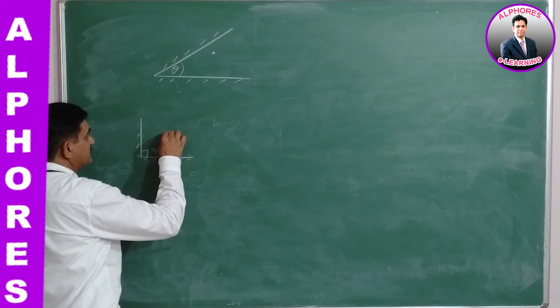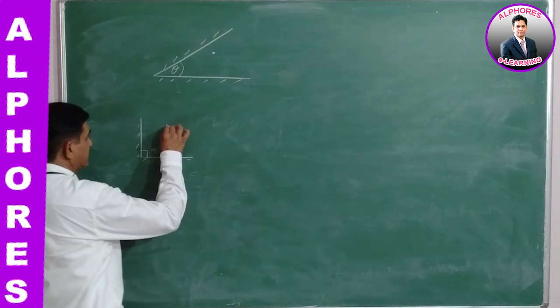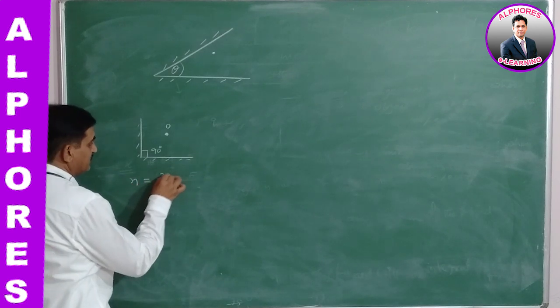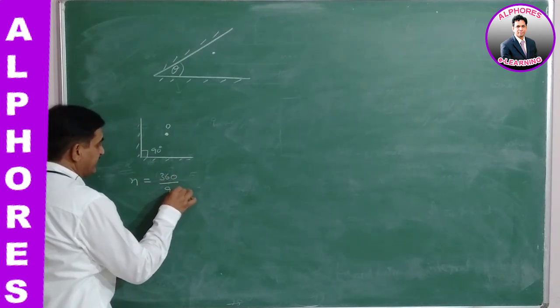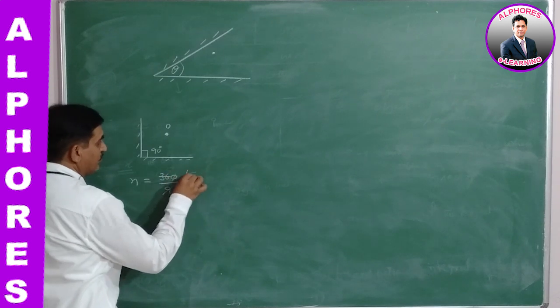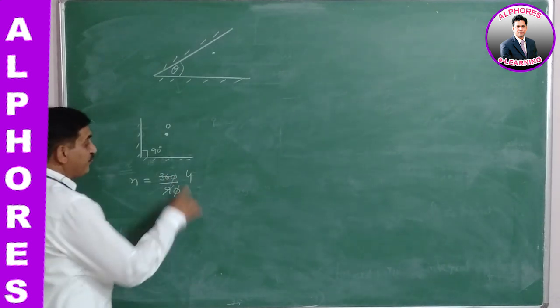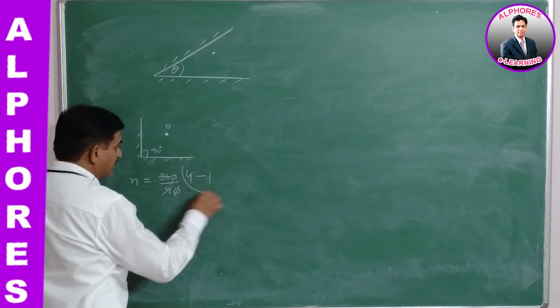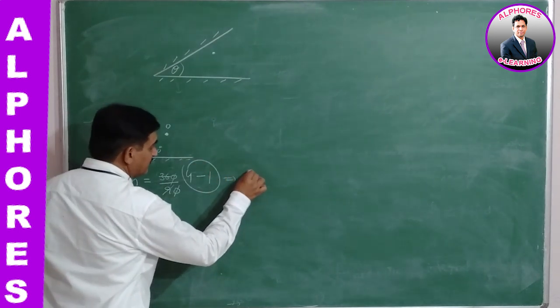The object is kept somewhere here, this is the object, and the number of images formed will be n = 360 by 90, which gives 4, and 4 is an even integer, so 4 minus 1 gives us 3 images.